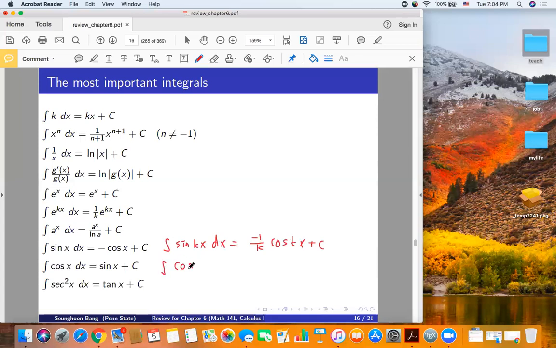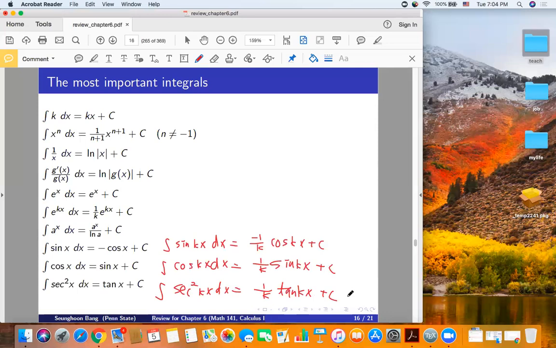The integral of cosine kx dx is 1 over k sine kx plus c. The integral of secant squared of kx dx is 1 over k tangent kx plus c.